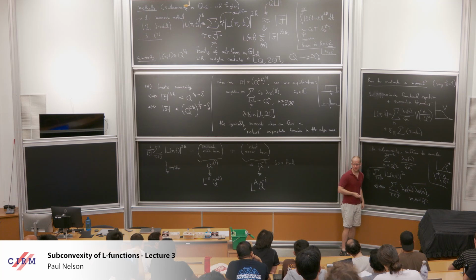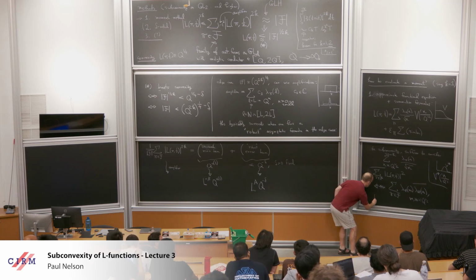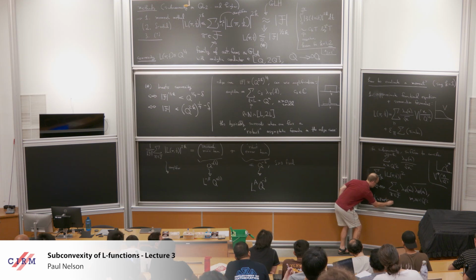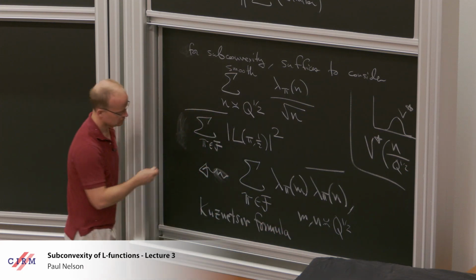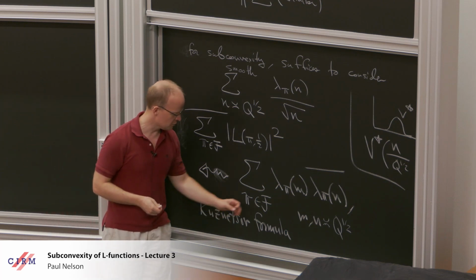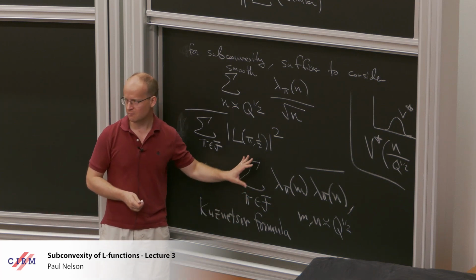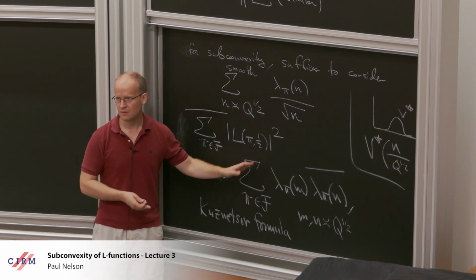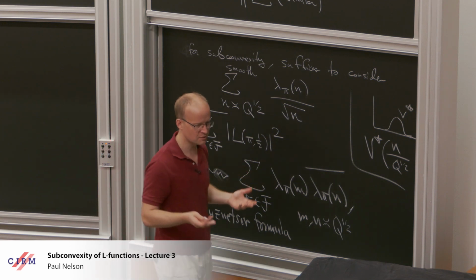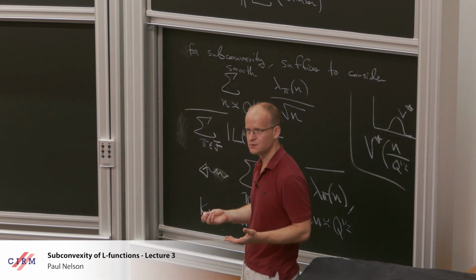And then there's a family of tools for doing so, called Kuznetsov formulas or Petersson formulas, which in practice will give some explicit formula for this sum, but maybe in terms of complicated objects like Bessel functions and Kloosterman sums.